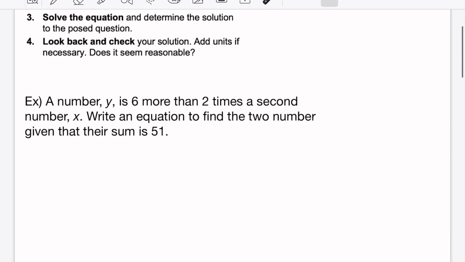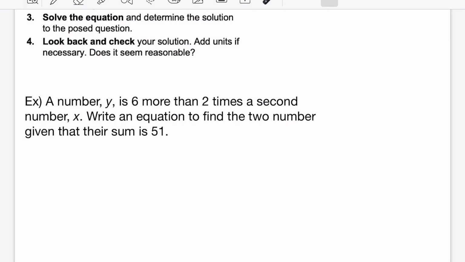So the first example we'll look at, we're told that some number represented by y is 6 more than 2 times a second number represented by x. What we want to do is write an equation to find the two numbers given that their sum is 51. In this example, we were already given our variables. y is our first number and x is our second.